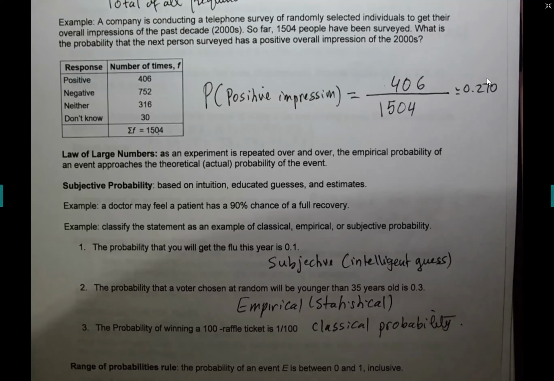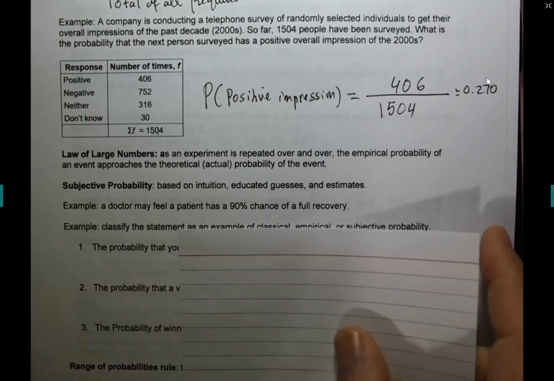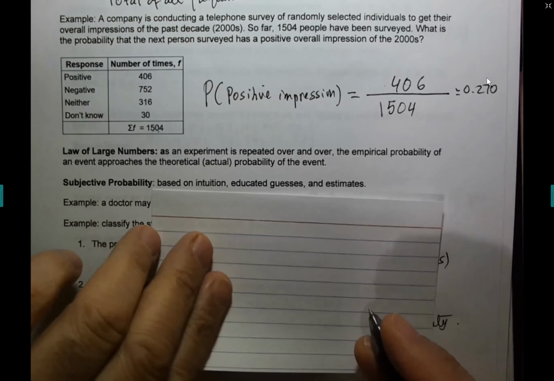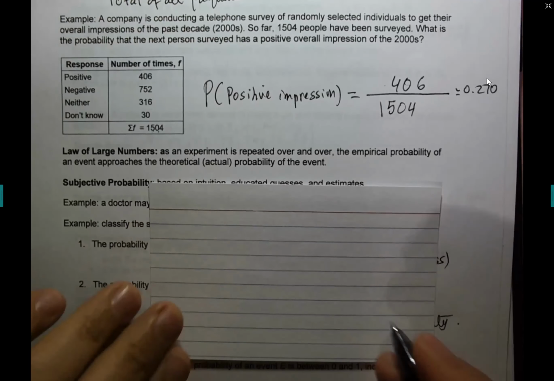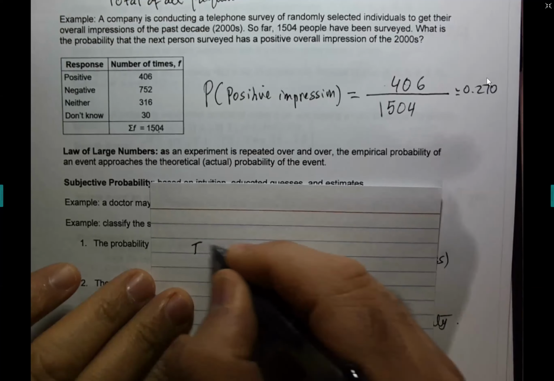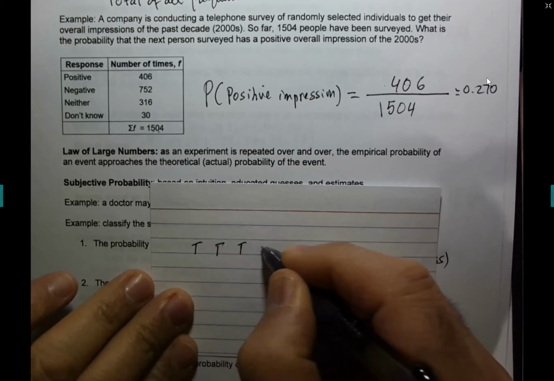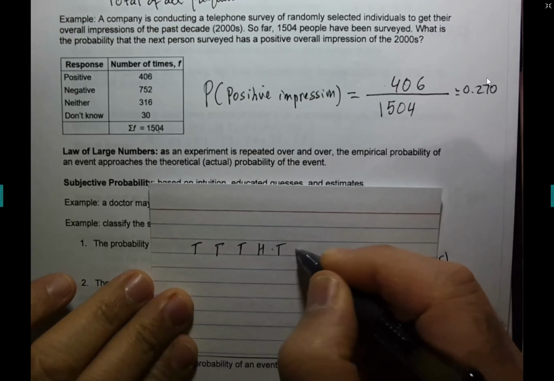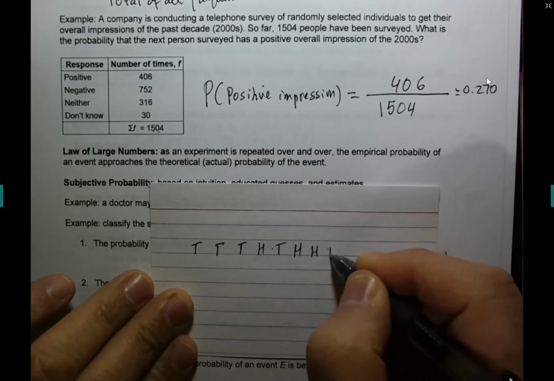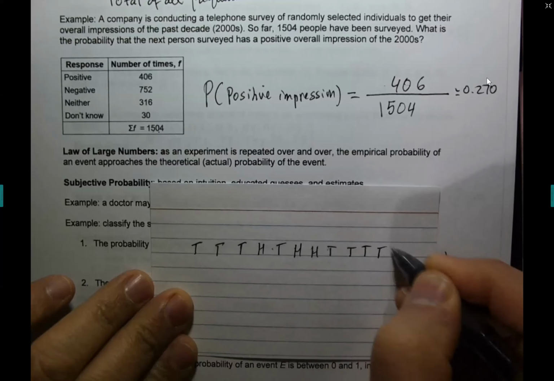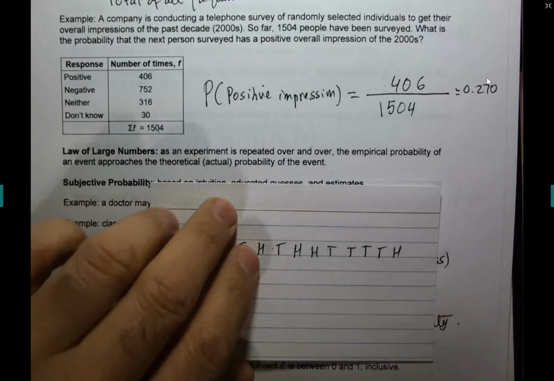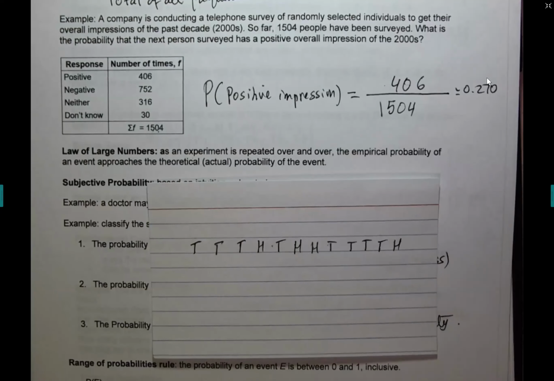So you start doing it, guys, and this is what happens. You tell the person it's 50%. You get a tail, a tail, a tail, a head, a tail, a head, and then a tail, tail, then a head, etc. And you can see there are more tails than heads.